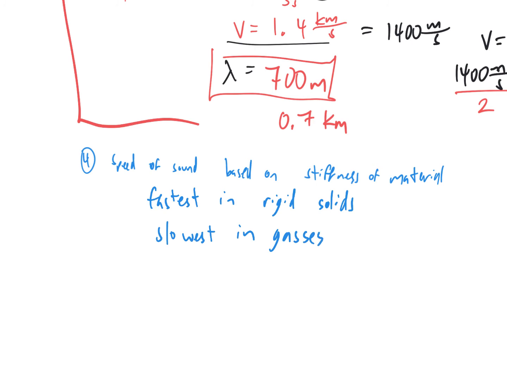Because rigid solids, like a very stiff metal, like aluminum, would be able to send that wave with a lot of speed. It sends that jolt really fast. The gas has a lot of flexibility to it, and so a lot of that energy isn't going to be sent quite as cleanly or as smoothly, so it'll travel slower. So when we say the speed of sound is 340 meters per second, that's in air. That's just about as slow as it can go. Sound will go faster in just about every other material or every other medium.